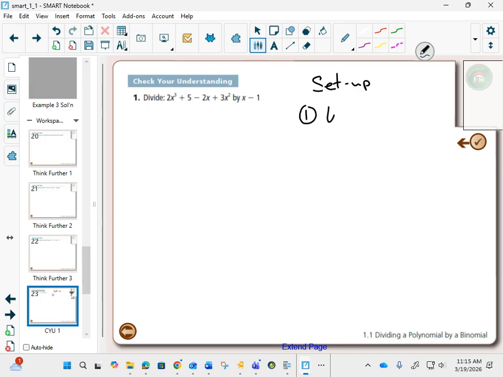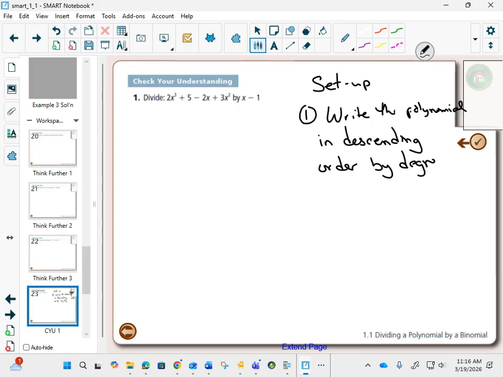So, setup, we're going to write the polynomial in descending order by degree. So degree, that's a grade 9 topic. The degree of x cubed is the exponent. Its degree is 3. The degree of the 3x squared would be 2. So you start with your biggest one and write it down in descending order.